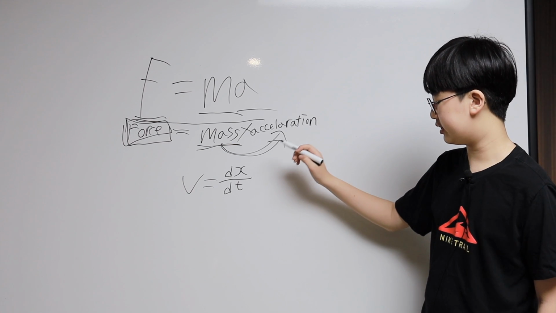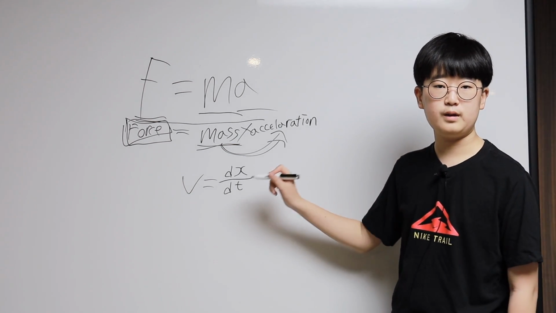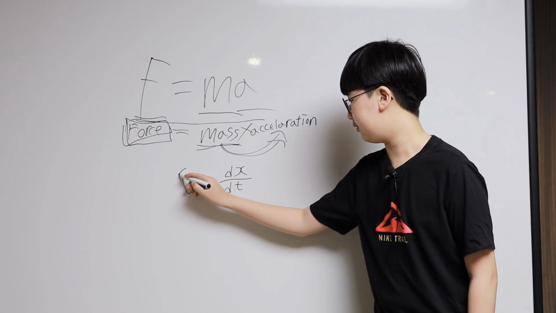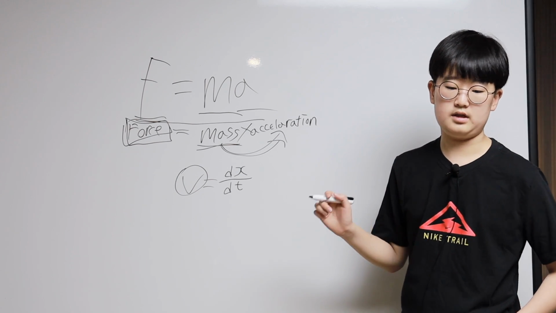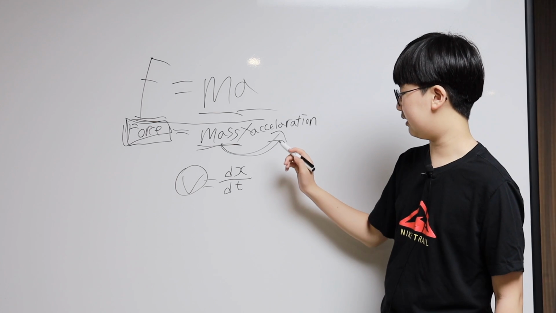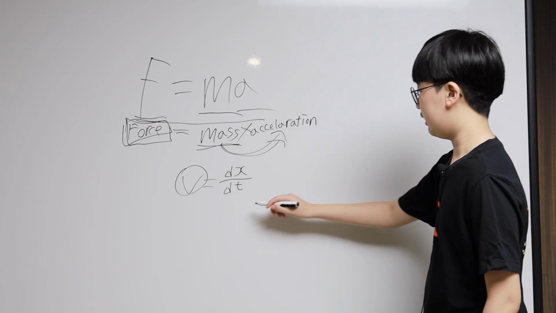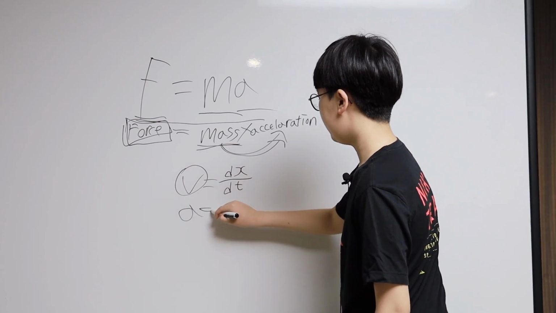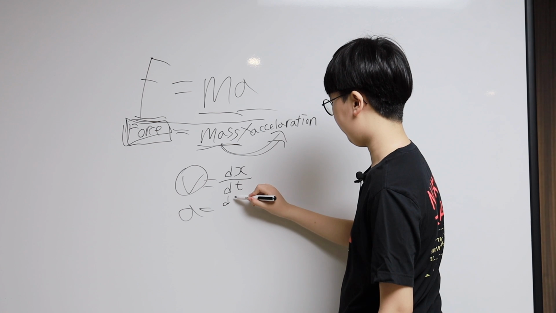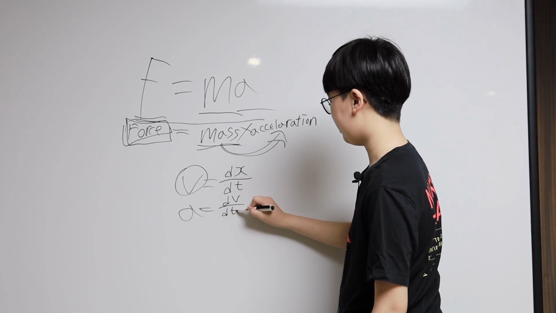So basically, if the v is something that isn't zero, the thing is moving. It has a velocity. Now, acceleration is the difference of velocity over the difference of time.